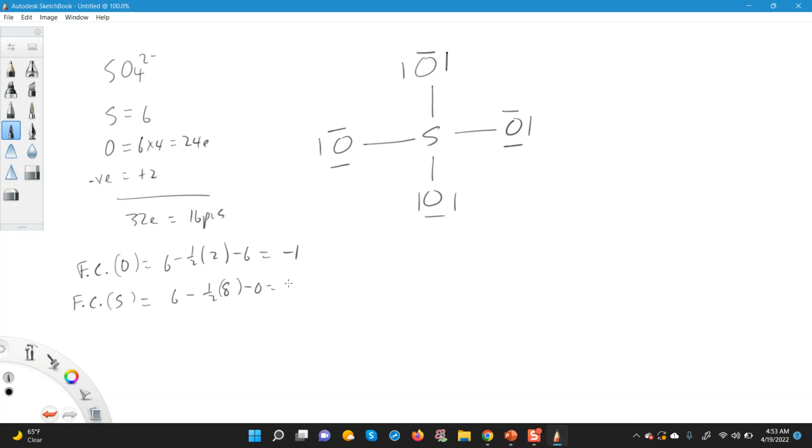And that would be 6 minus 8, that would be plus 2. So each oxygen has a minus 1 charge, and the sulfur here will have a plus 2 charge, all right? So the next step, you'll notice that we have 4 negative charges. I'm sorry, I made a mistake. This should be plus 2.